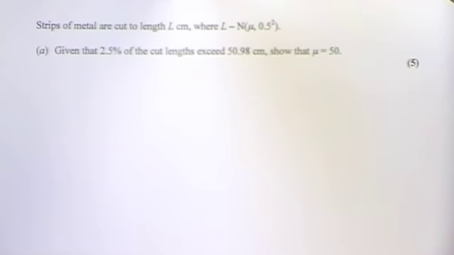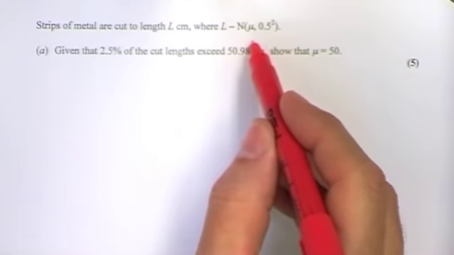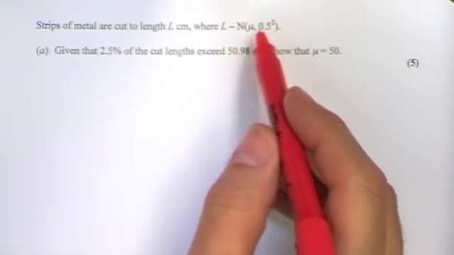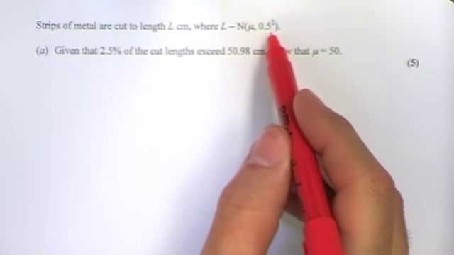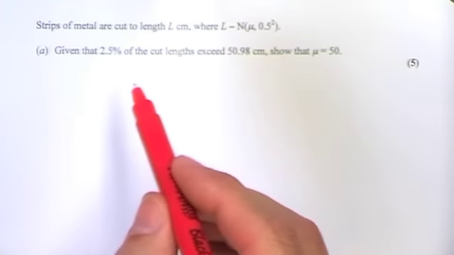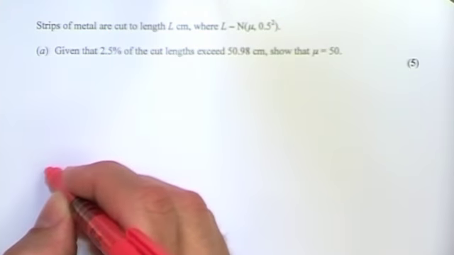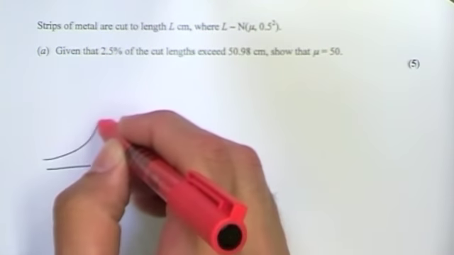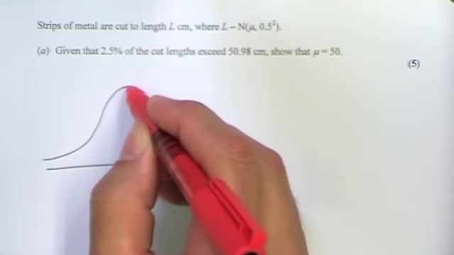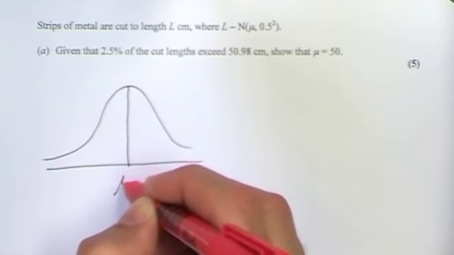This question says strips of metal are cut to a length L, where L follows a normal distribution mu, unknown mean, and standard deviation of 0.5. Given that 2.5% of cut lengths exceed 50.98, show that mu equals 50. So let's have a look at our bell curve. We've got a mean here that we don't know.